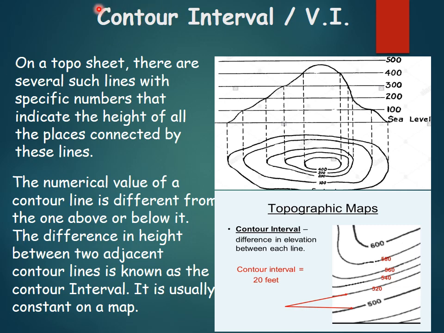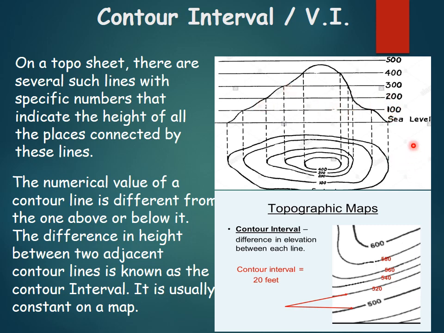There are certain features of the contour lines depicted on the topo map which we should understand. For example, contour interval. On a topo sheet, there are several such lines with specific numbers that indicate the height of all the places connected by these lines.